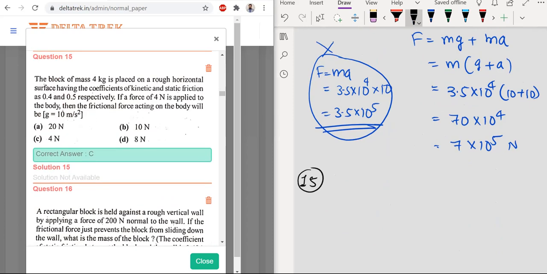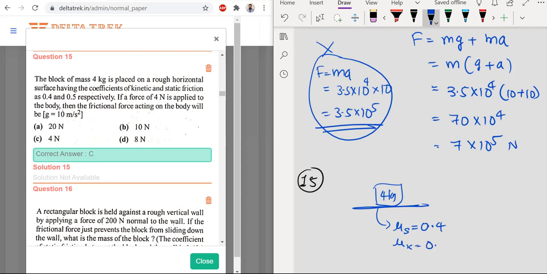Okay, let's see 15. So a block is there, 4 kg. Now two frictions are there: mu static is 0.5 and mu kinetic is 0.4.